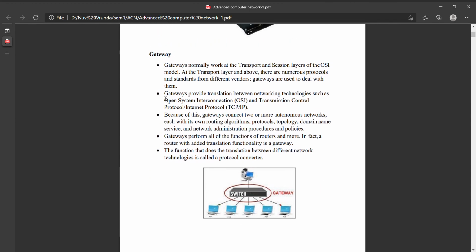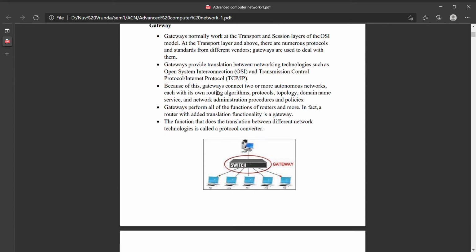Now what is a gateway? A gateway normally works at the transport and session layers of the OSI model. At the transport layer and above, there are numerous protocols and standards. Different vendors' gateways are used to deal with them. Okay, a gateway basically provides translation between networking technologies such as Open System Interconnection and Transmission Control Protocol.